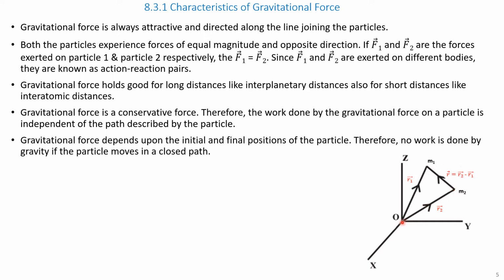So, OM1 and OM2 are vector R1 and vector R2, called position vectors, as shown in the figure. Therefore, the resultant of these two vectors becomes R equal to R2 minus R1, because R2 and R are in the same direction whereas R1 is in a different direction, hence R1 is minus.